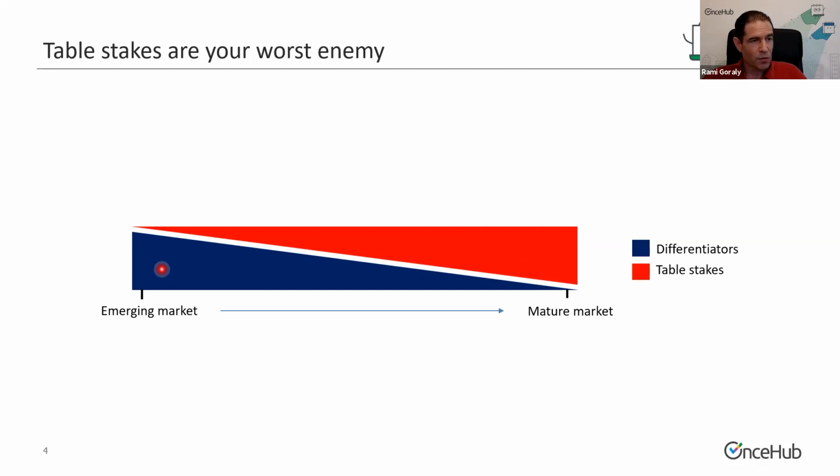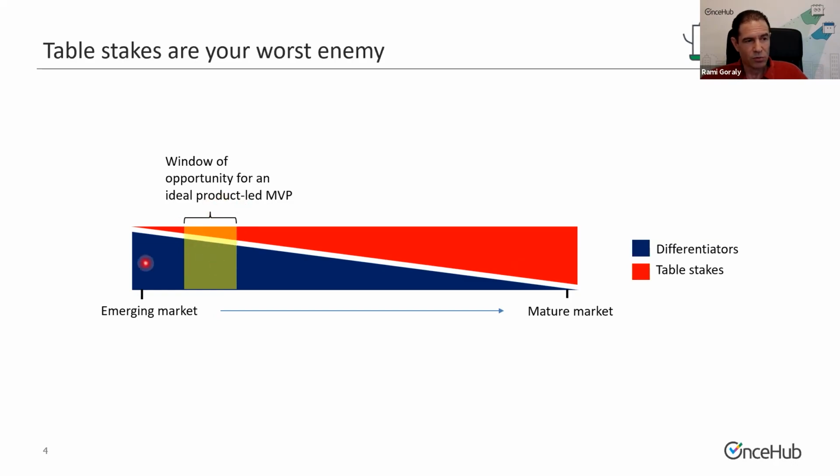And when we think about a minimum viable product, what is the optimal window to introduce it? We want to have many differentiators, and we want to have as few table stakes as possible in order to release this product. And the ideal window of opportunity is somewhere at the beginning.